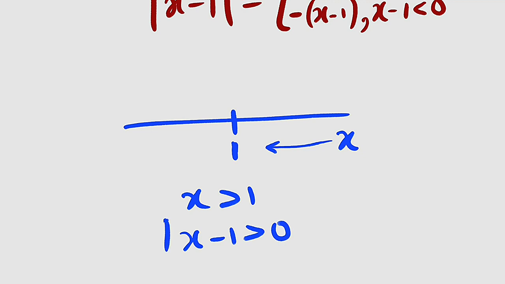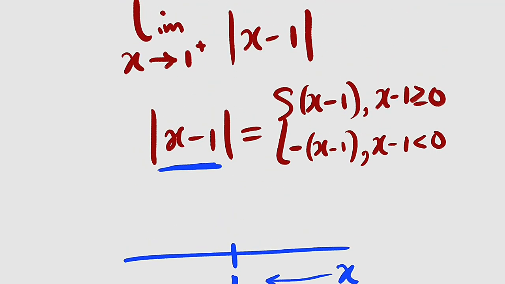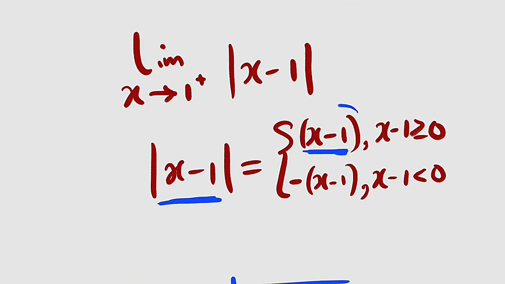So which condition satisfies this? Remember that the absolute value of x minus 1 is equal to x minus 1 if x minus 1 is greater than or equal to 0. So we have x minus 1 greater than 0, therefore we are going to consider x minus 1.